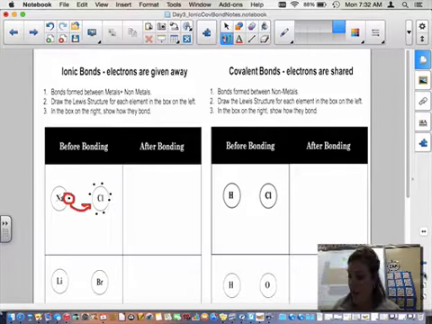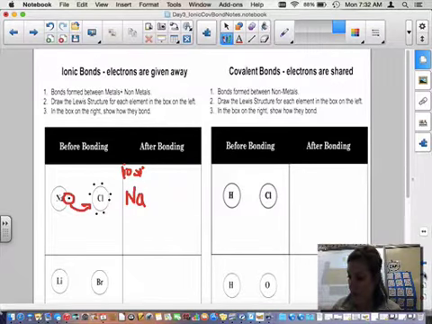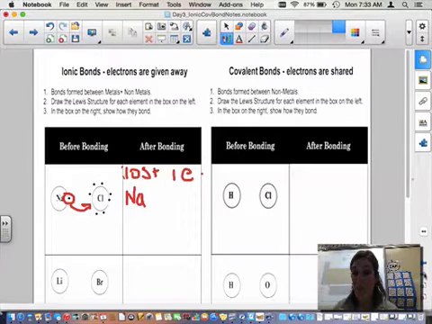Okay, so again, I'm going to take that 1 electron from sodium, and because sodium lost 1 electron, which is a negative charge, it now becomes positive.